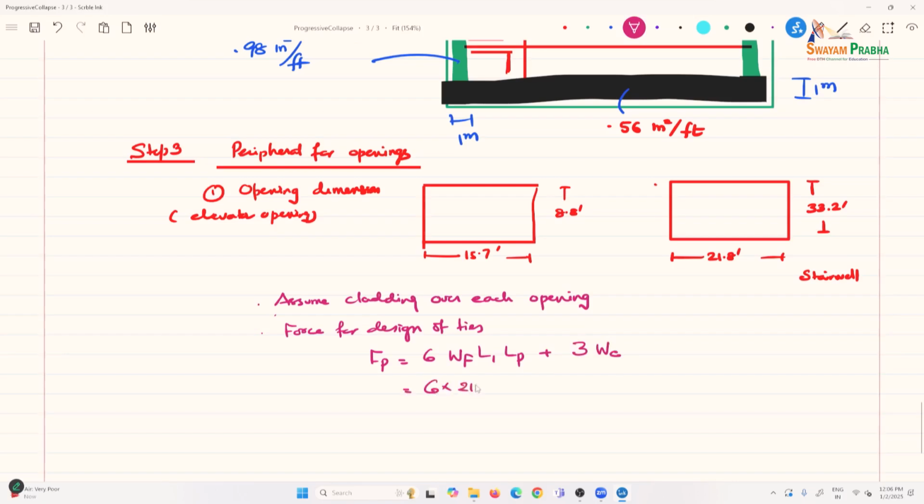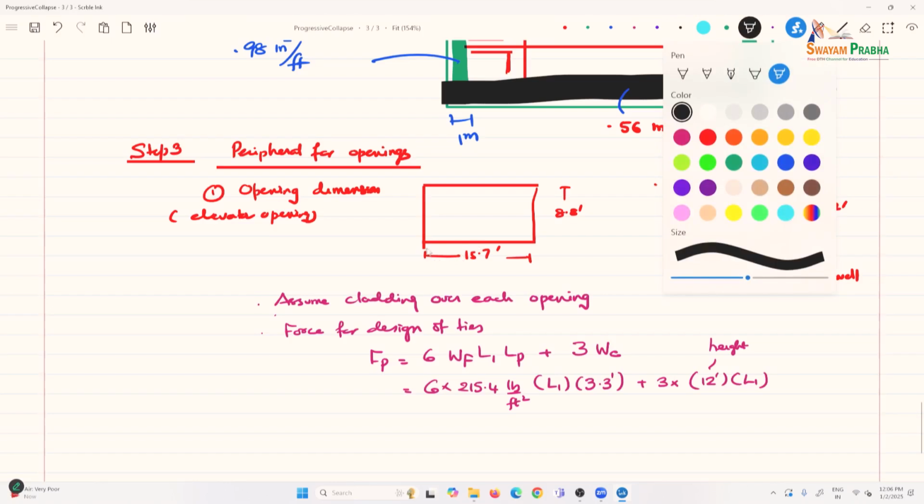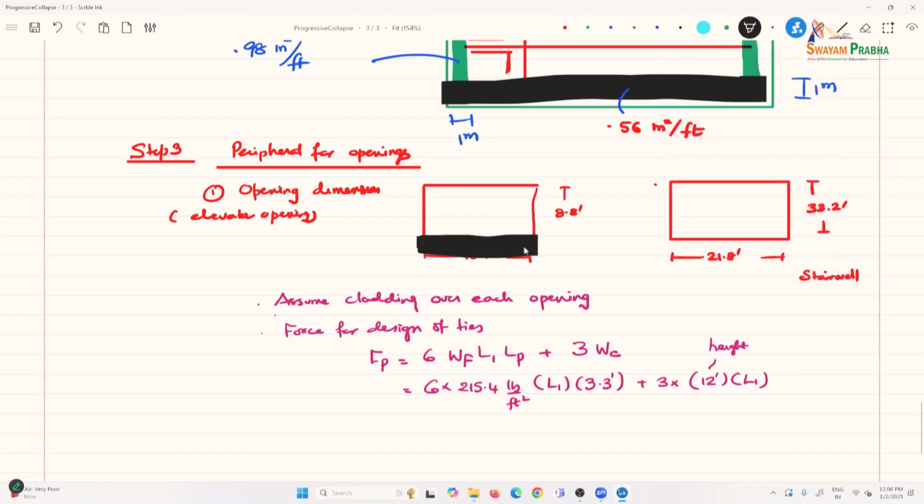So 6 times 215.4 L1 multiplied, this is 3.3 feet, plus 3 times the cladding, this is 12 feet height multiplied by L1. L1 is the direction in which we are providing, so you will be providing around here, here.